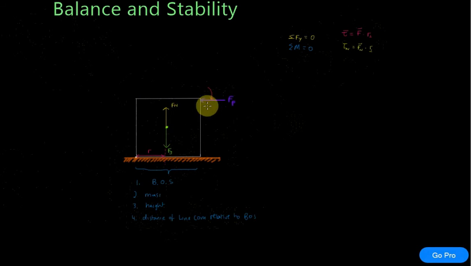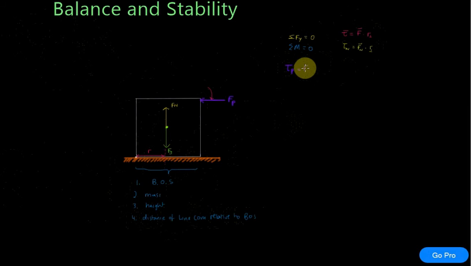Now this will create a turning force as well, a torque. Remember that the force is not acting through the center of mass, so there will be rotation that tends to happen.